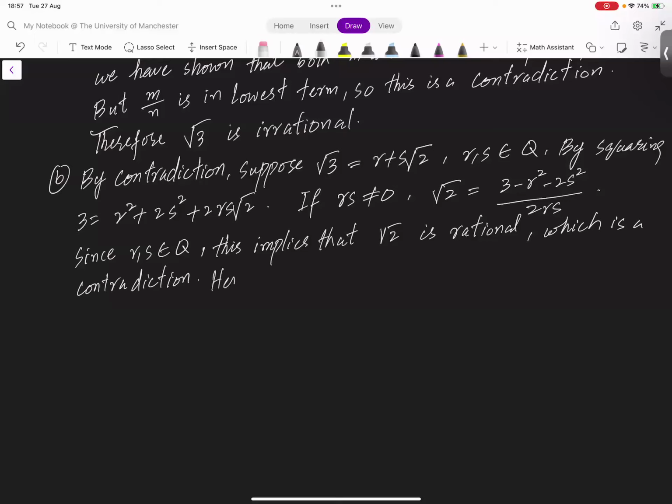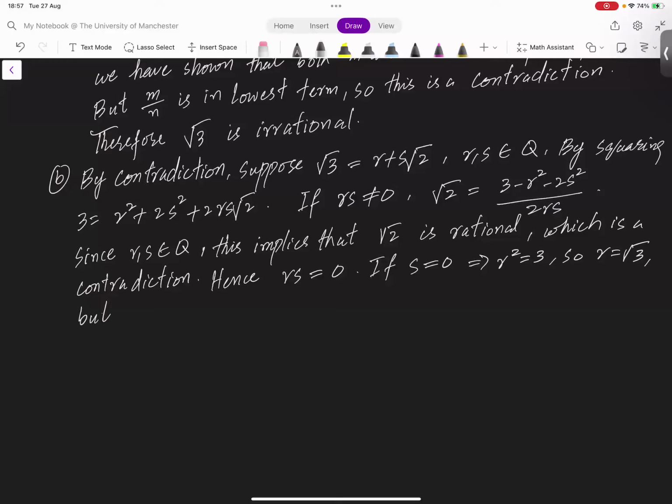Hence, the product rs is 0. If s is 0, then r square is 3. So r is under root 3, contradicting the fact that under root 3 is irrational by part A.